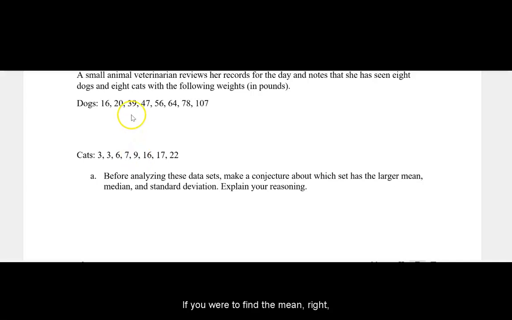If you were to find the mean of the dog weights compared to the mean of the cat weights, what would we expect? Well, we would expect that the mean of the dog weights is going to be higher than the mean of the cat weights, because we can clearly see here that the cat weights are much smaller than the dog weights. So that's one thing we could say without doing anything yet, just little conjectures we're making.